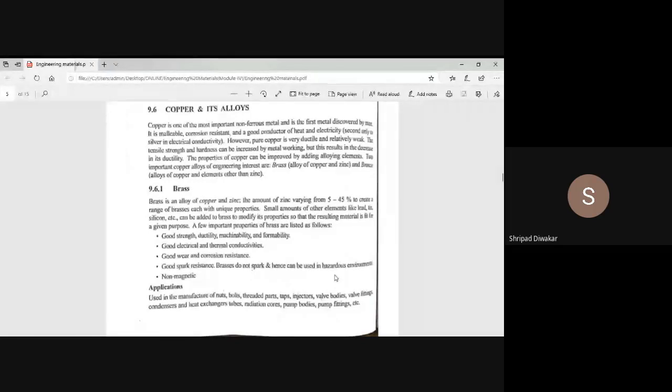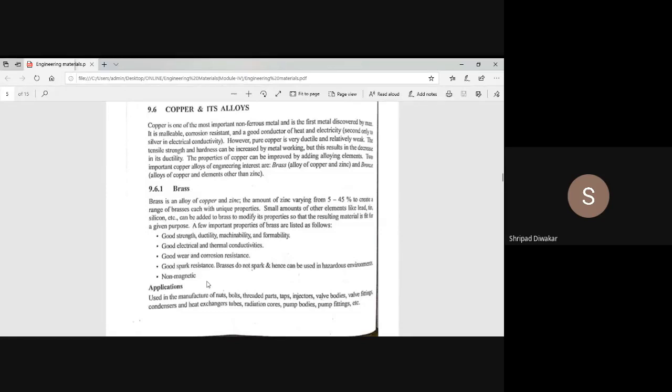On the other hand, it has very good corrosion resistance and wear properties. It can withstand higher wear. It has good spark resistance, we can easily get a spark in case of brass. And it is non-magnetic in nature, whereas all ferrous materials are magnetic.